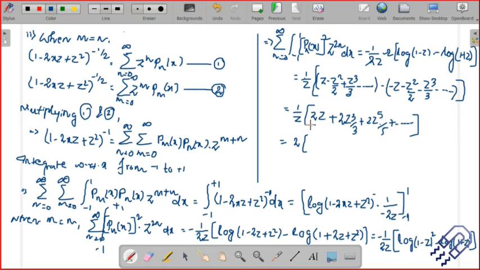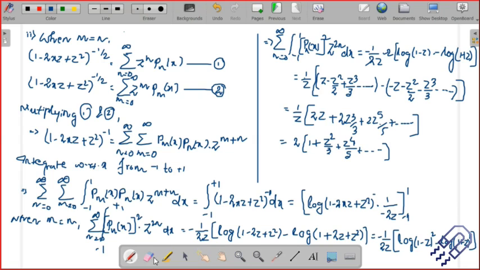If I take this 1 by z inside, first term will get cancelled with this, so this will be 1, and then plus this will become z square divided by 3, then I will have z to the power 4 divided by 5, and similar terms. Okay, and that's it.